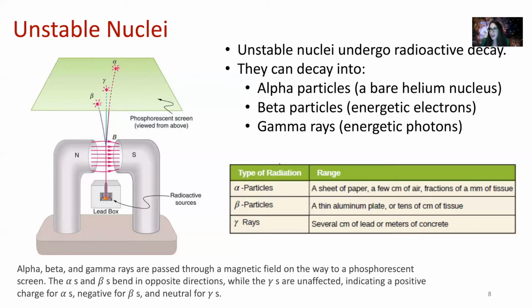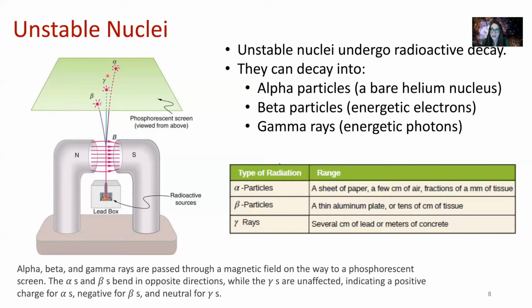Based on what we learned previously about the Lorentz force, we can determine whether these particles are positively or negatively charged. Based on how these particles deflect, you can determine that alpha particles are positive, beta particles are negative, and gamma rays go through the magnetic field undeflected.